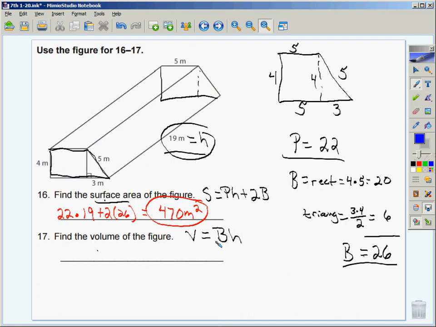When I go to do my volume, I replace the base with 26. I replace the height with 19. When I multiply this out, I get 494. This is volume, so instead of being meters, it's meters cubed.